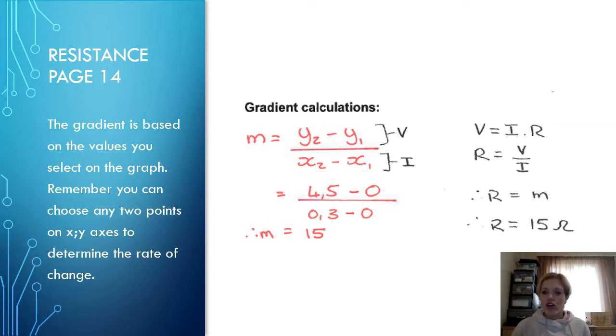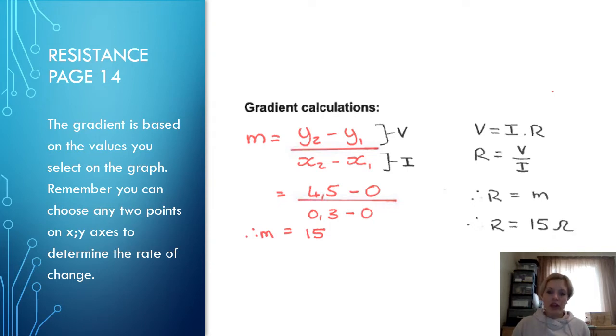So we chose those 2 points as a fixed difference. You could have chosen 4.5 volts and 3 volts. You could have chosen 0.3 and 0.2 amps. You could have chosen any 2 points. You divide that difference and you should get a slope of 15.